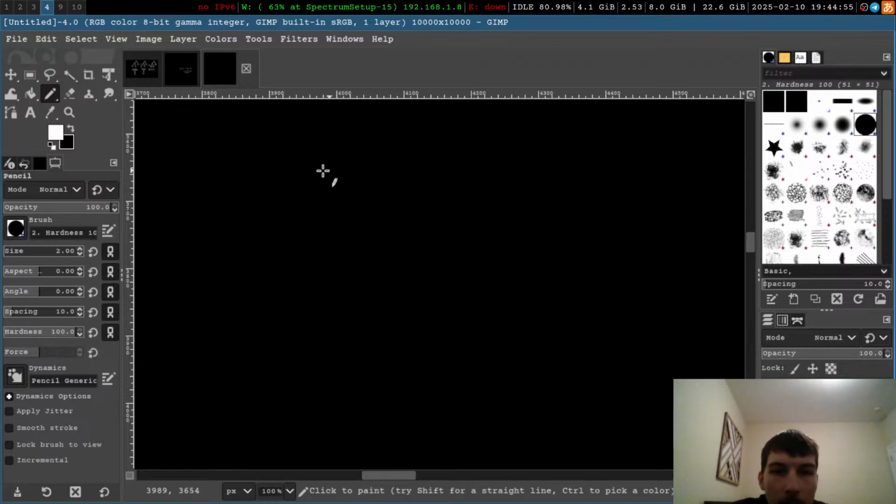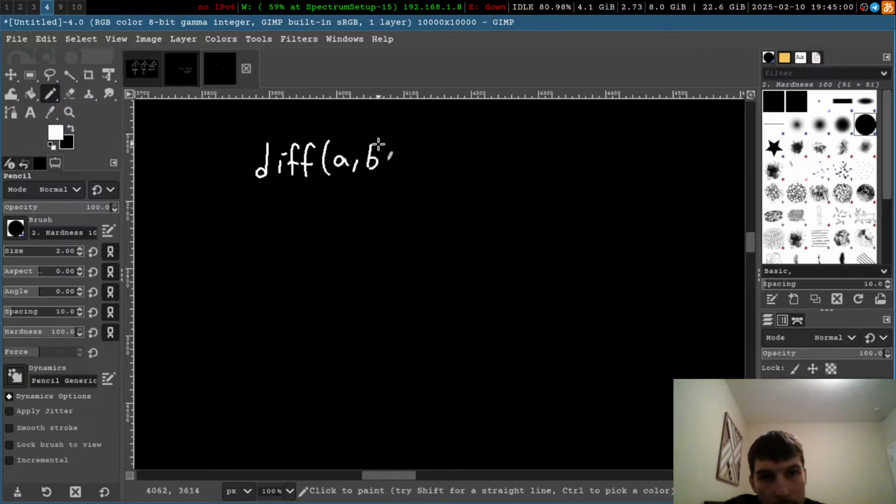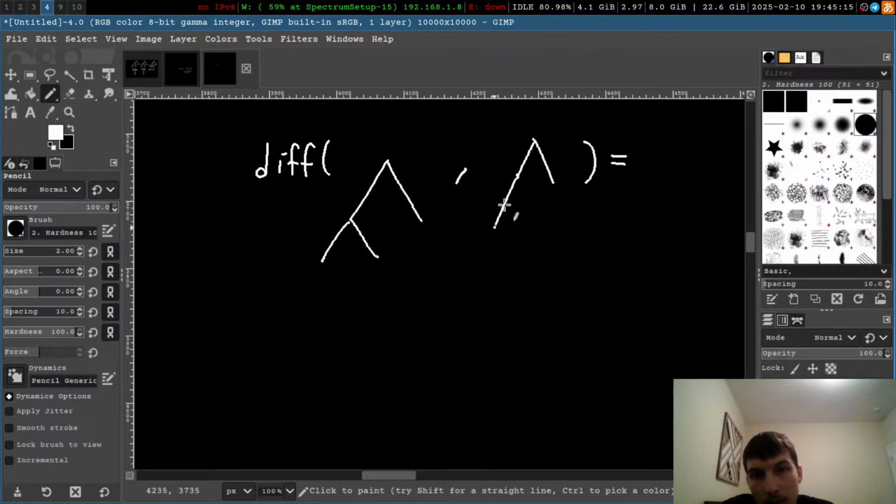Here's what describes diff. Let's describe diff for two trees. Basically this is like right minus left, but it's not really subtract.